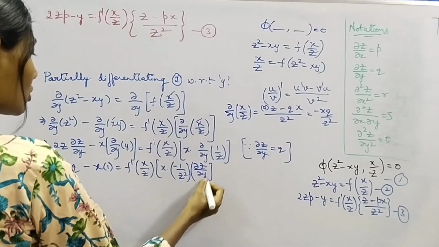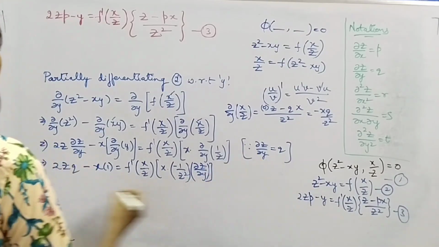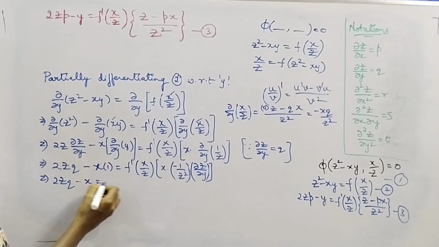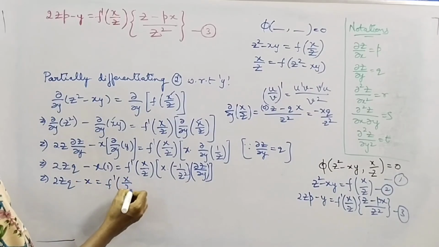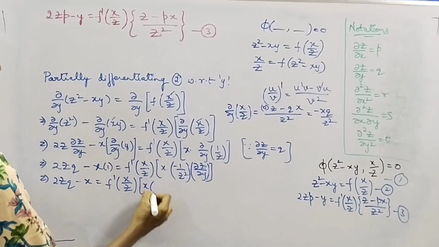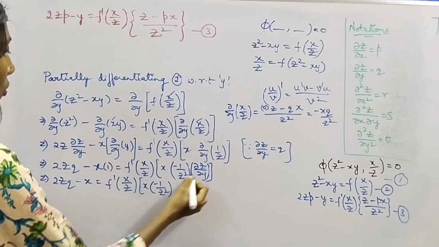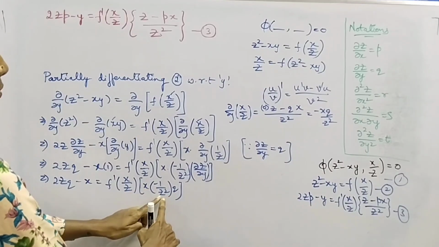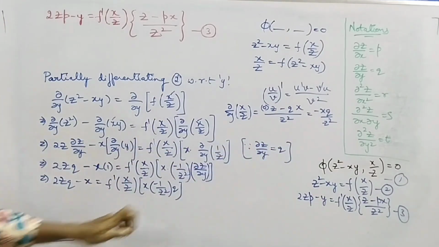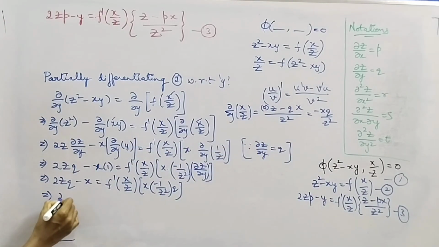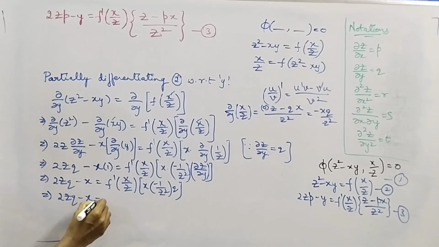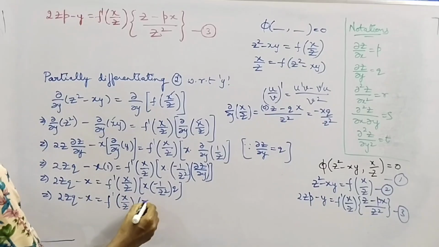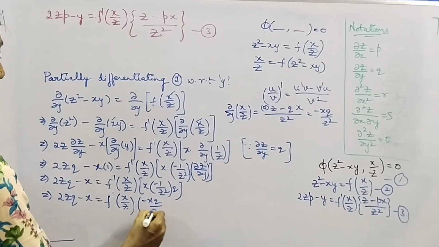Again, just replace ∂z/∂y by q, and you'll get x into 1, equal to f' of x/z into x into minus 1/z² into q, which gives minus xq by z². We'll get the same thing.